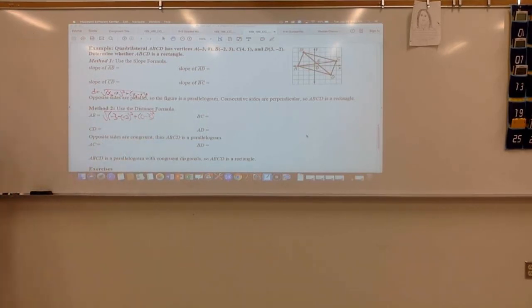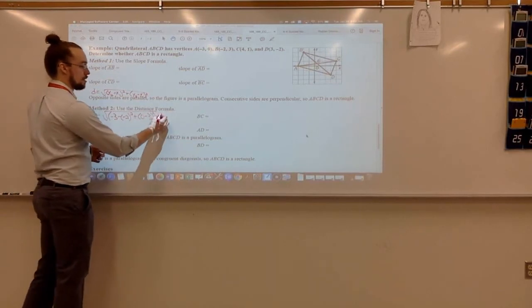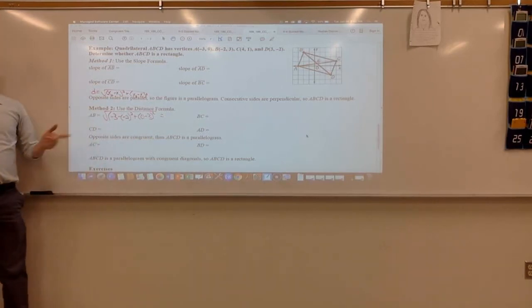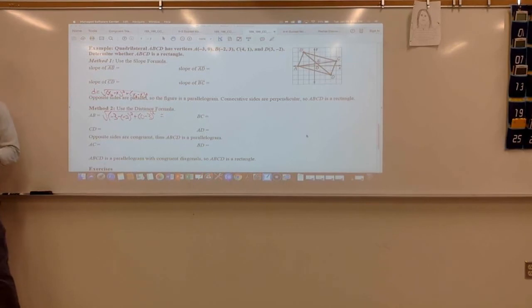Okay. Before, we've done this by hand and gotten an exact answer, like the square root of 10 or something like that. We can just plug this whole thing into a calculator as is to get a decimal approximation.